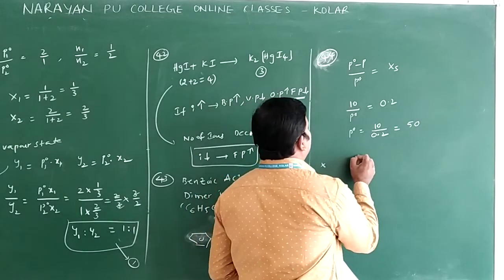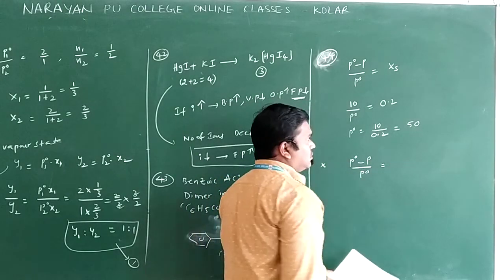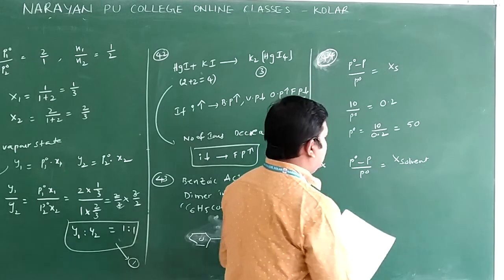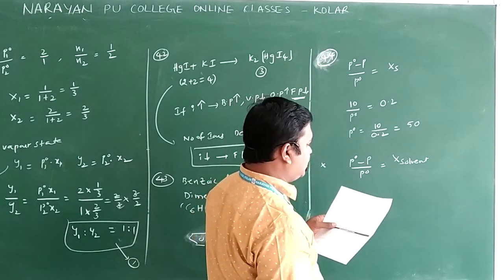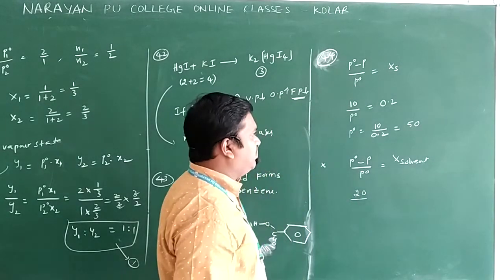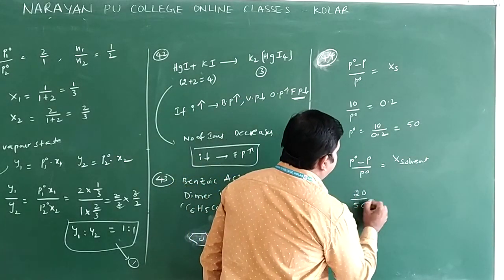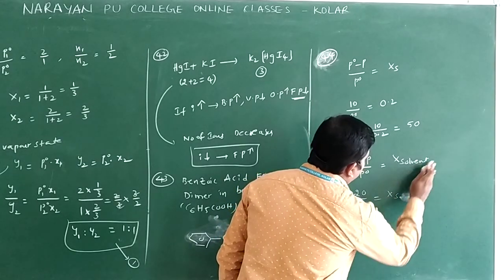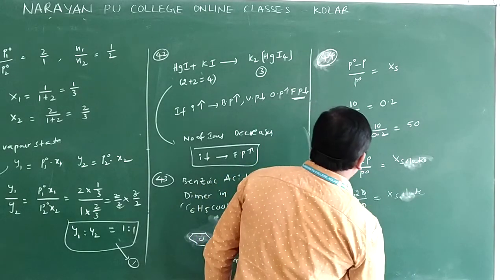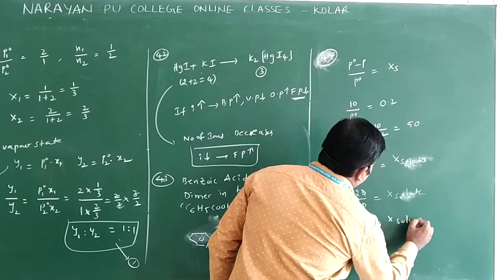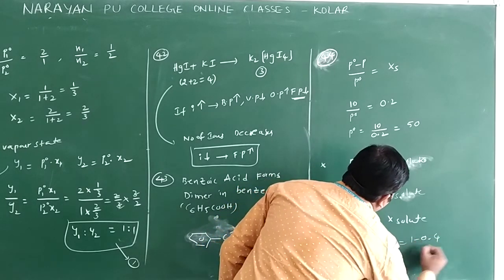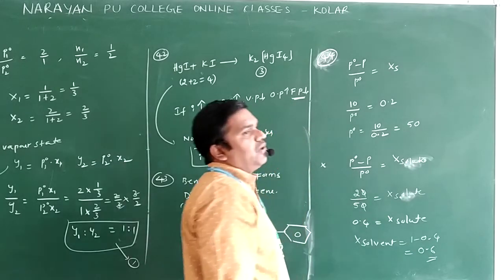Again, (P0 minus P) by P0 is equal to the mole fraction of the solute. Already P0 is 50, so 20 by 50 is equal to the mole fraction of the solute, which is 0.4. Now the mole fraction of the solvent is 1 minus 0.4, that is 0.6, which is the answer.